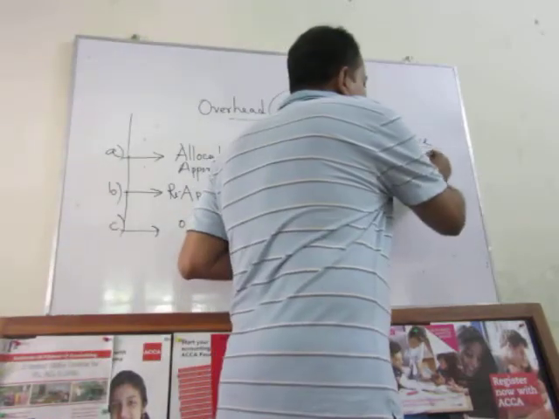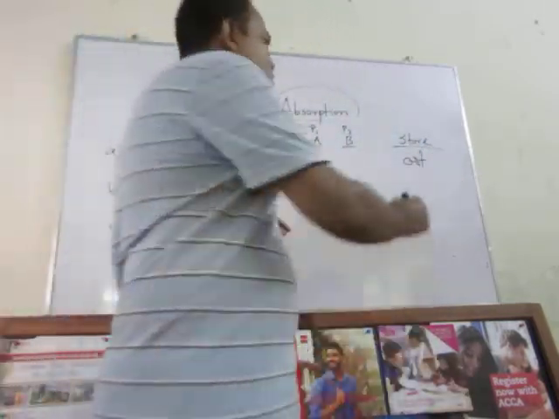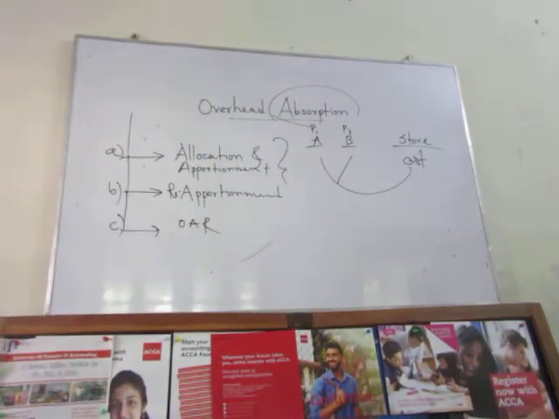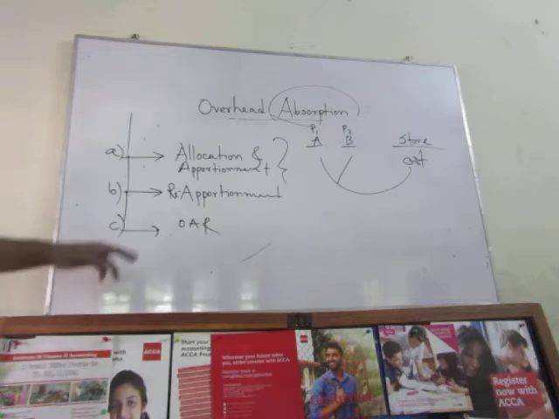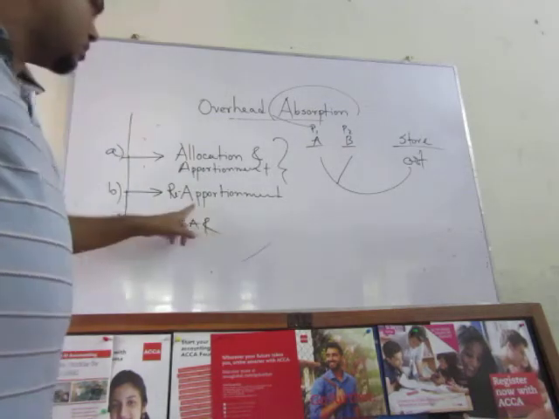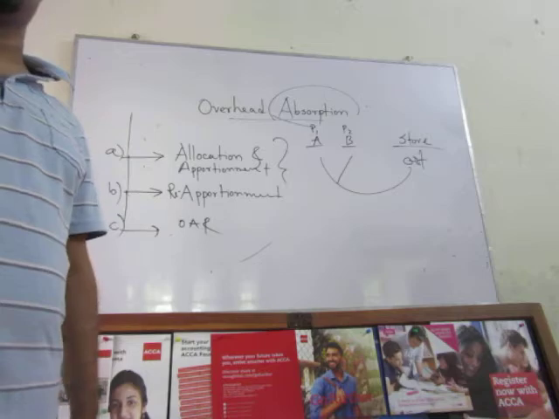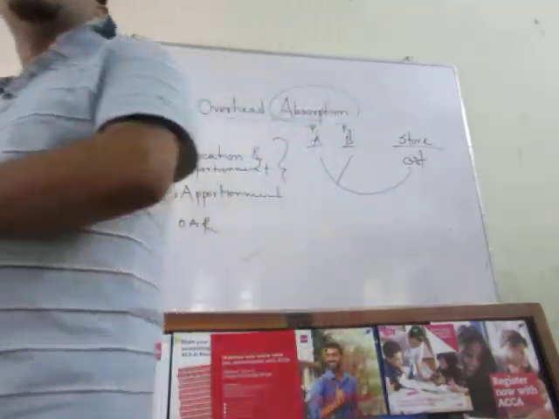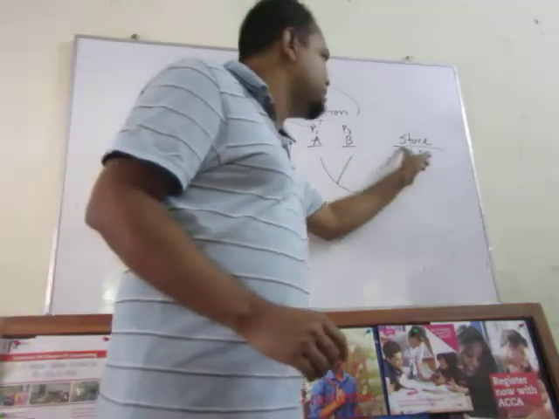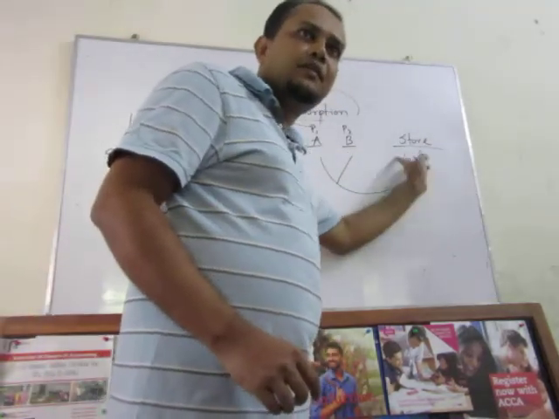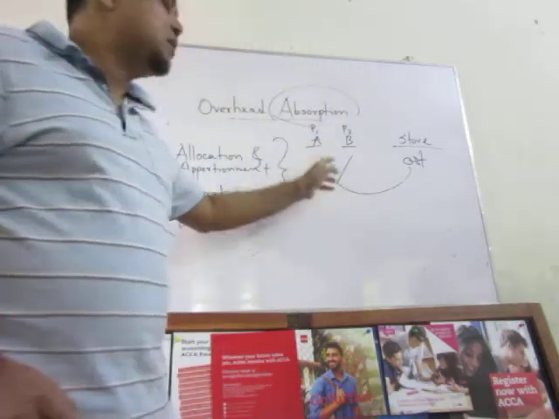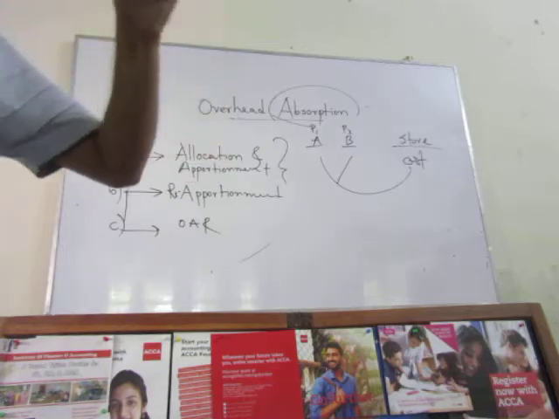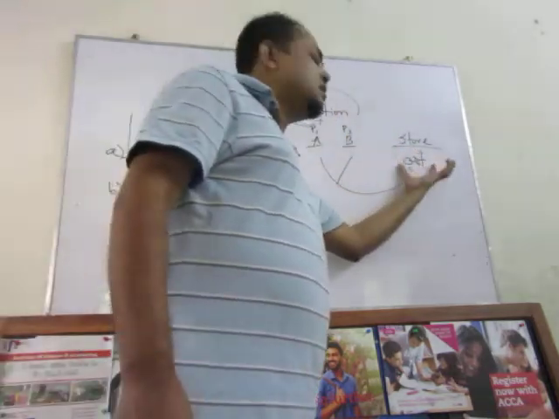So the store department overhead cost is to be distributed between these two production departments. So what is the way? The process is called reapportionment. Reapportionment means we have to allocate the service department overheads to different production departments depending upon the benefit they acquire, the benefit they take from the service department.